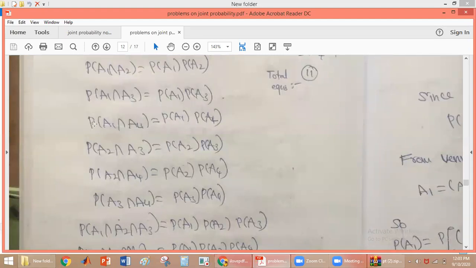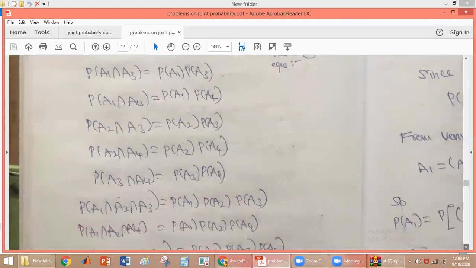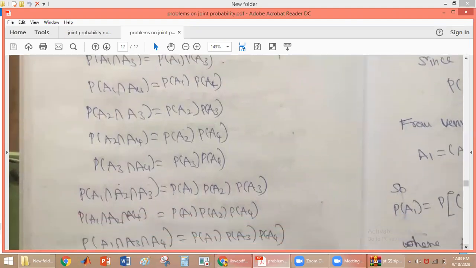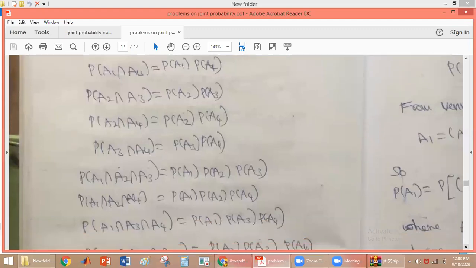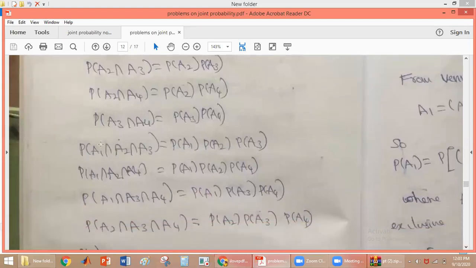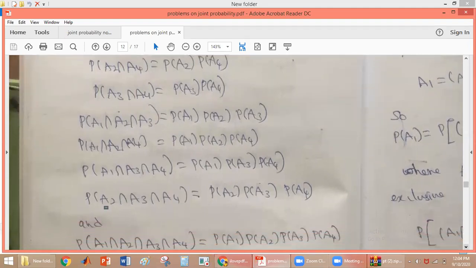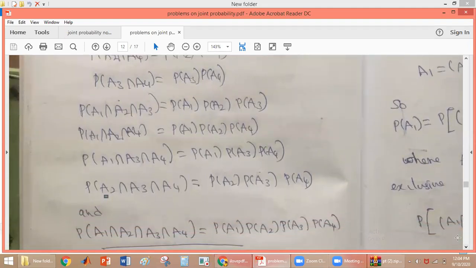Then the events should be independent by triples. That is A1, A2, A3. What are the triple conditions possible without repetition? We have to write all of them: A1 A2 A3, A1 A2 A4, A1 A3 A4, and A2 A3 A4. These are the four possible triplets.